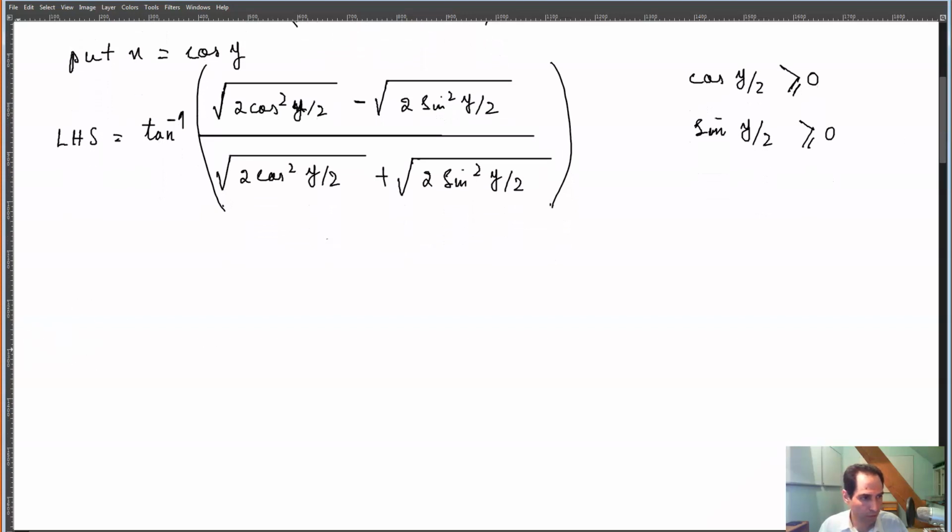So now to solve this problem, I'm going to forget about this whole business of domain and range and we will just simply work with the formulas.